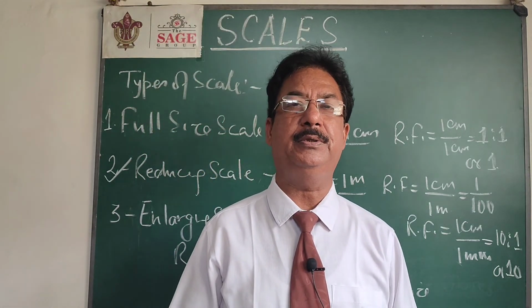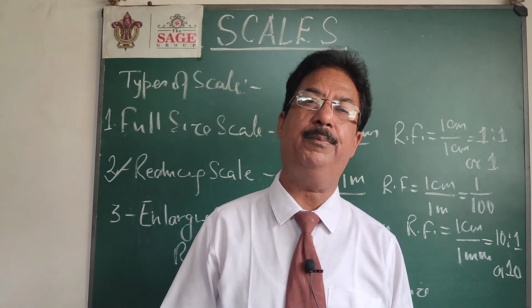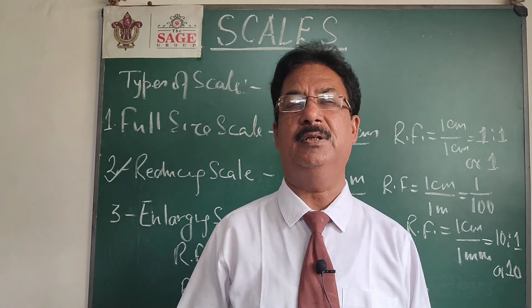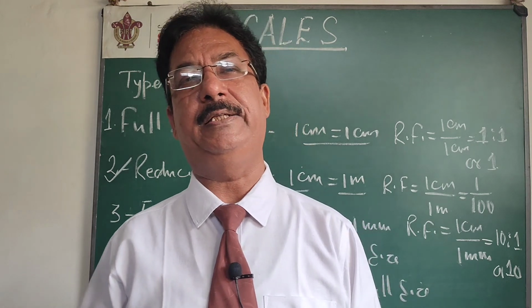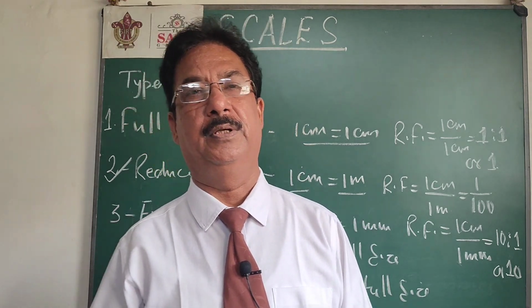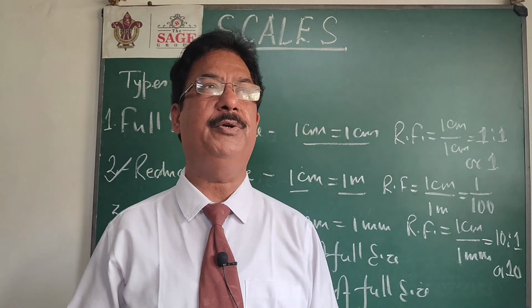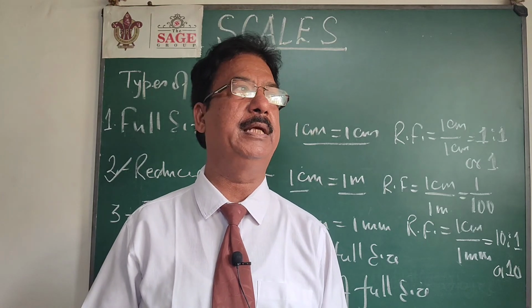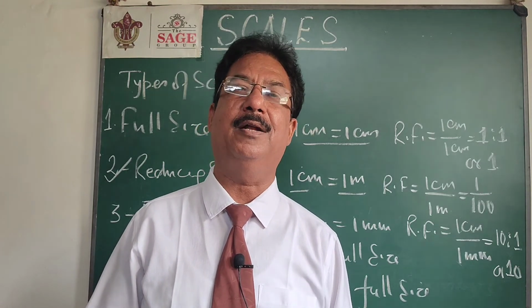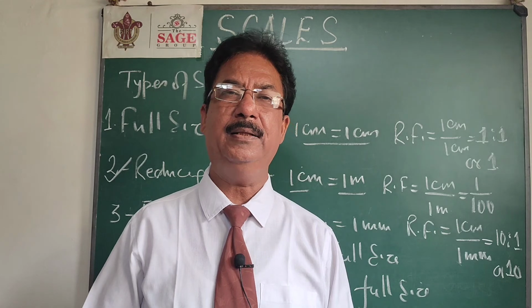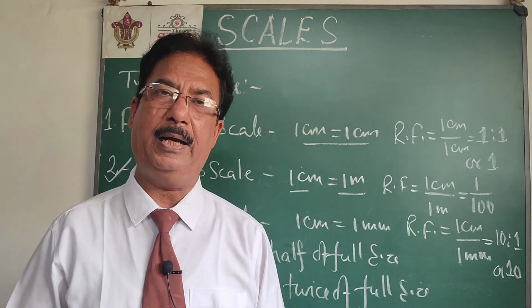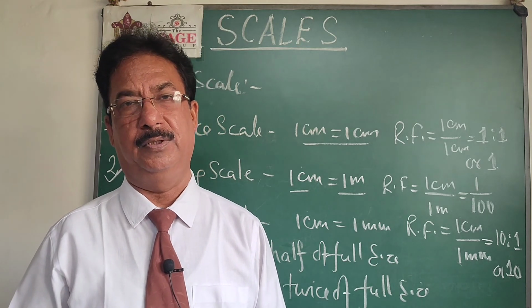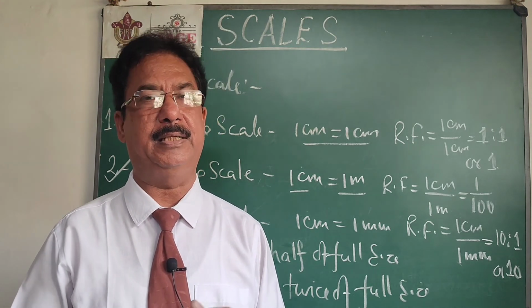So in the case of area, by square rooting both the dimensions, drawing area as well as actual area, we will initially convert that into linear form. In the same way, in the volume case, by cube rooting the given proportions, we will convert that into length, and after converting into length, we will put it in the formula and find out the scale. So RF doesn't have any unit.